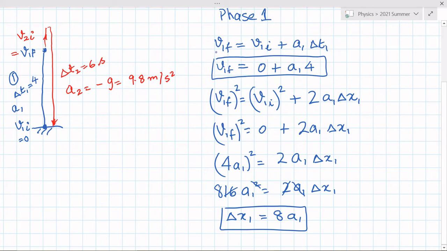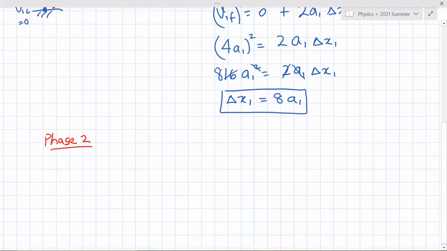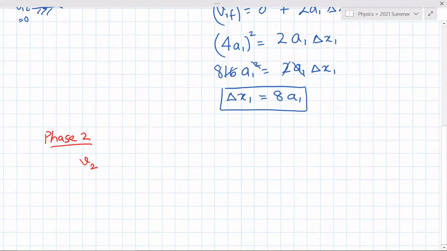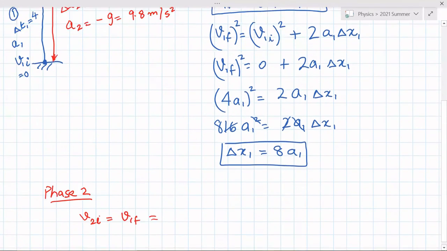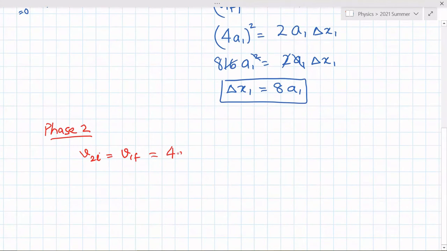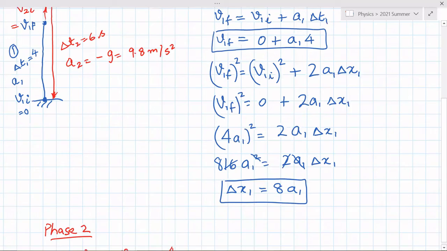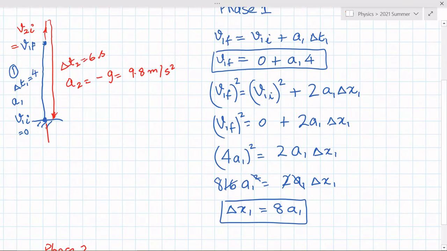Now we can look at the second phase. V2 initial is V1 final, which is 4A1. And the starting position, let's assume this is our origin here.